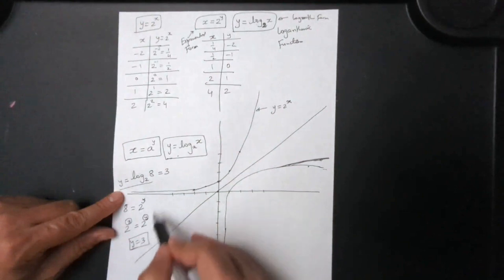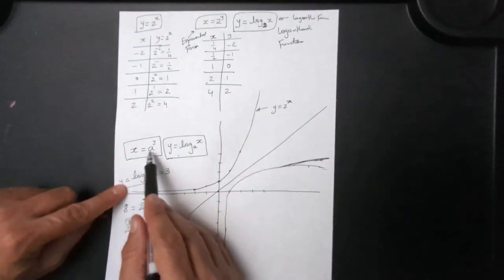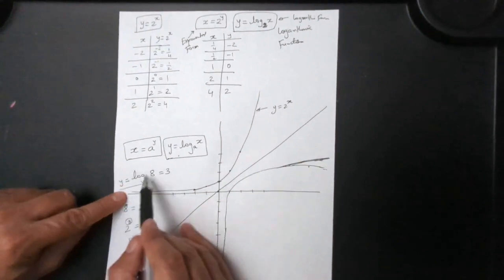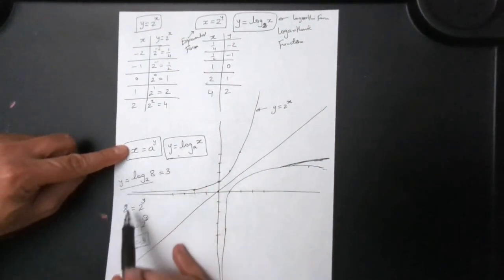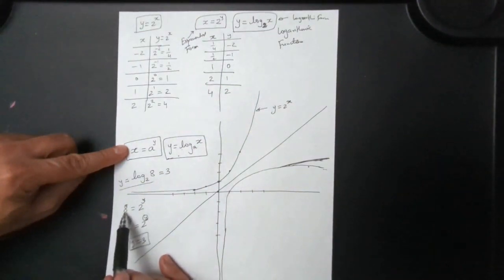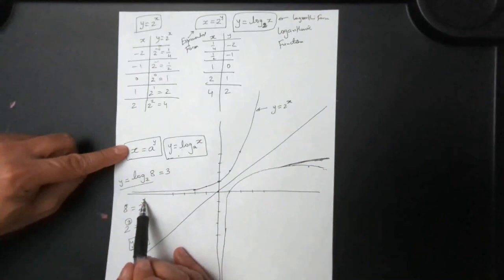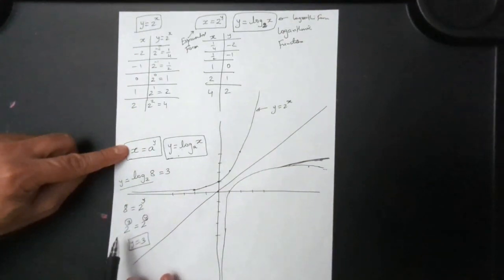See how we calculated this log, right? We went back to this relationship. We were given this form. We went back to this form to get 8 equals 2 to the power y, and then we realized we can find y by thinking what is it that we can raise 2 to the power of such that we get 8.